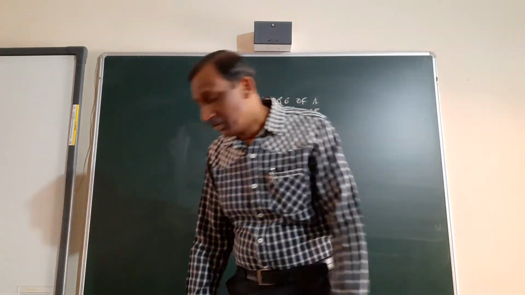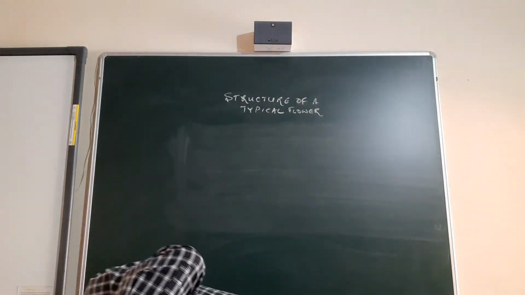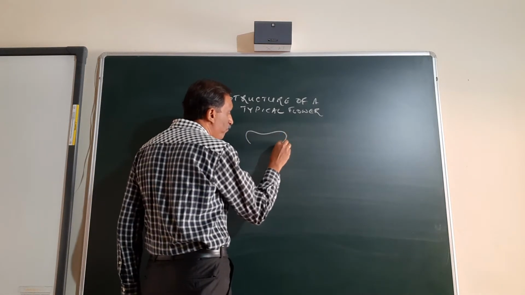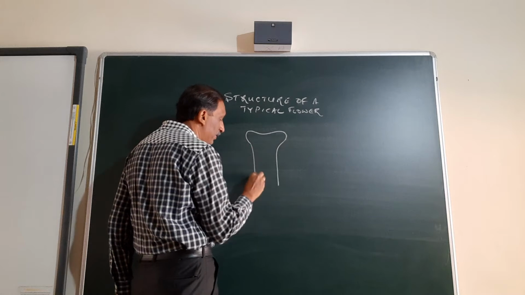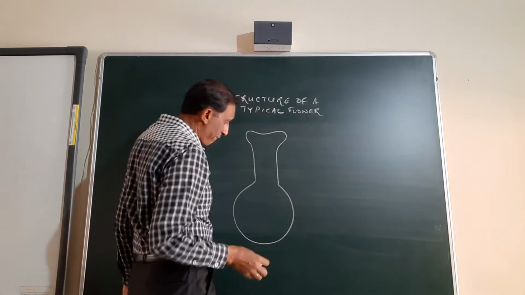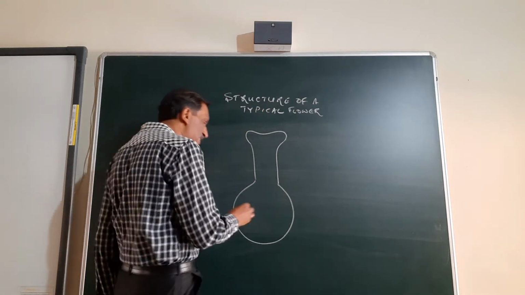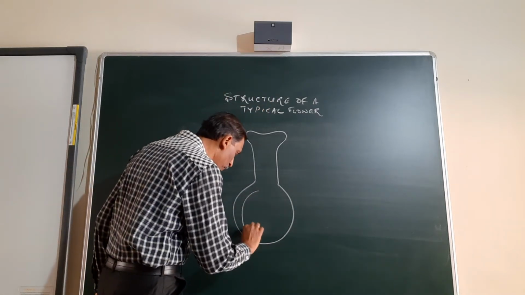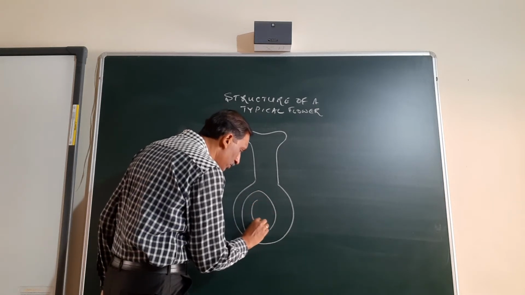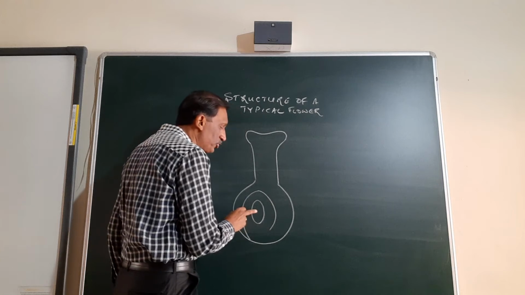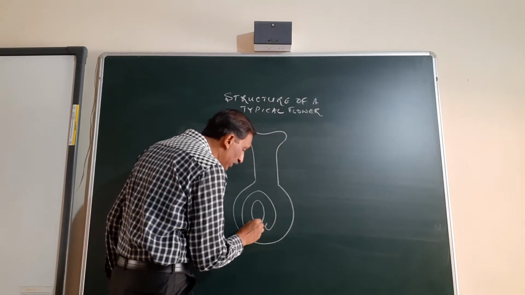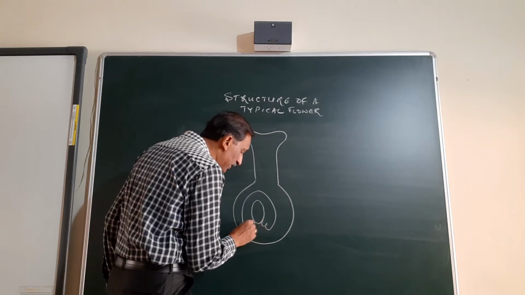Okay. Now, if I draw only the diagram of the pistil, just for the sake of understanding. थोड़ा सा टेढ़ा मेढ़ा होगा because I am seeing from the side. This innermost structure is called ovule, and then there the wings are there. They are called integuments.